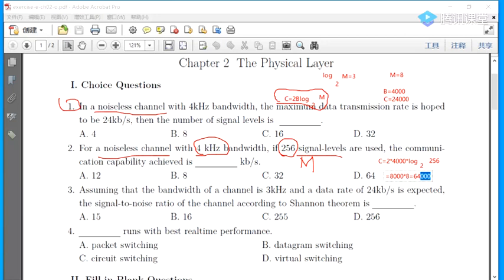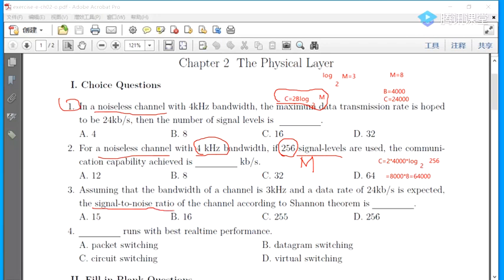Now let's look at a noisy channel. Another type of channel is the noisy channel.